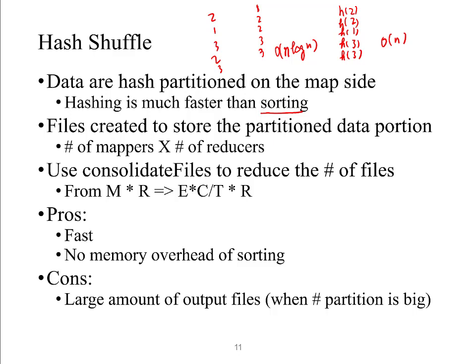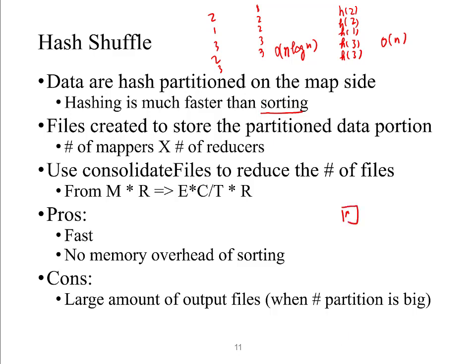When doing hash shuffle, it calculates the number of reducers as the number of partitions on the reduce side. For each mapper, it creates a separate file for each of the reducers. And looping through the records, it calculates the target partition for each of them and outputs the record to the corresponding file.